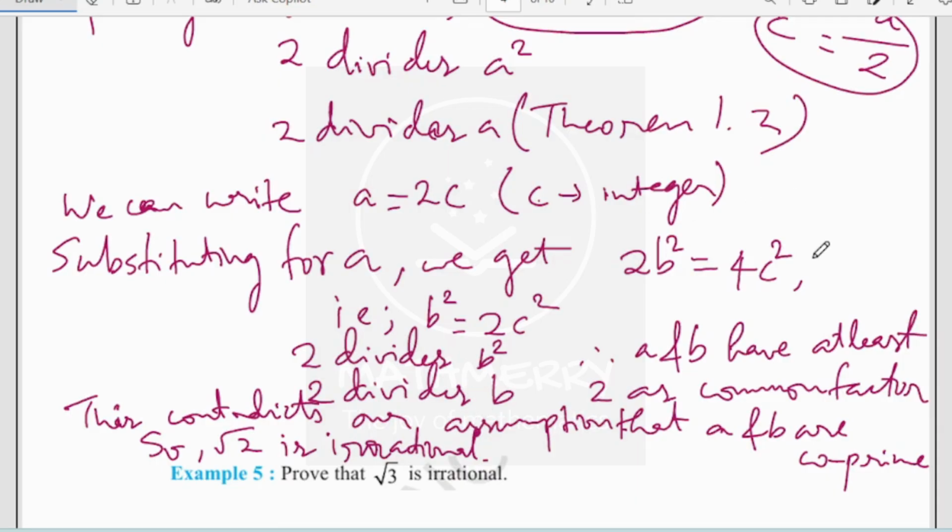So here we are getting 2 divides B square, but by theorem we can also write that 2 divides B. So if you see, 2 divides B and also 2 divides A. But we assumed A and B to be coprime, so they will only have one as the common factor. But here we are getting 2 as another common factor. So our assumption is wrong. So root 2 is irrational.